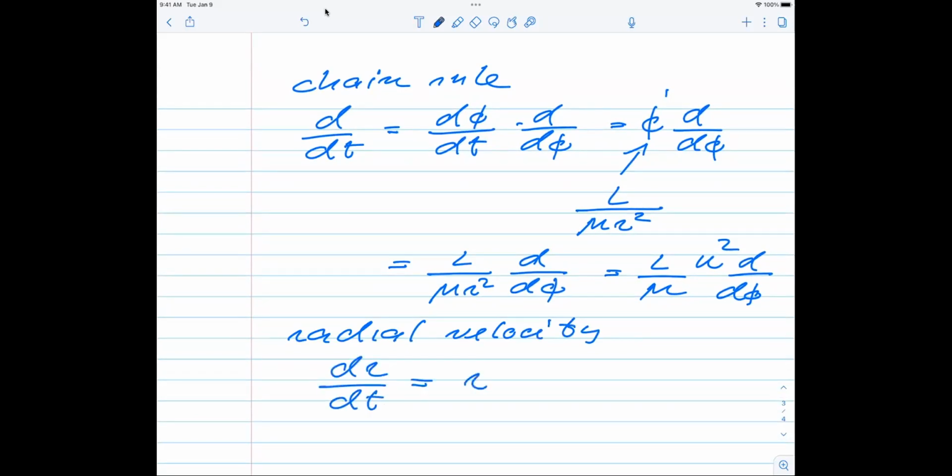This is what we wrote as r dot. And if we now use that one, we can rewrite that in terms of L u squared over mu, and then we have d d phi. So we are using this equation and replacing d dt with that. And then we need to plug in 1 over u for r.